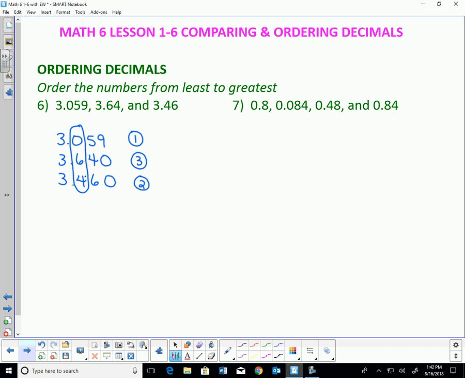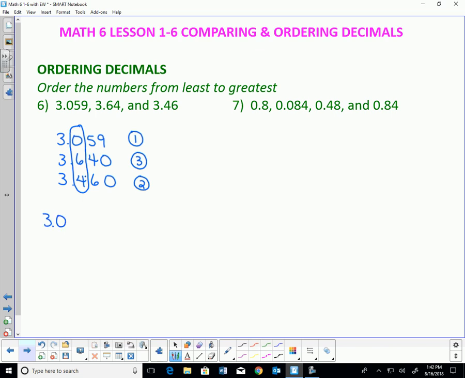Since we have to write these in their original form, if we're going to order them, we have to list them in their original form. We can't just number them like I did. The numbering part makes it so my brain knows which one goes first when I go to write it down. But when I write it down, I have to put it in the original form. So I have 3.059.